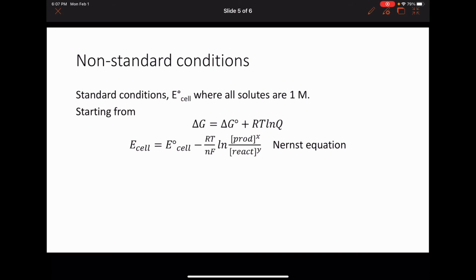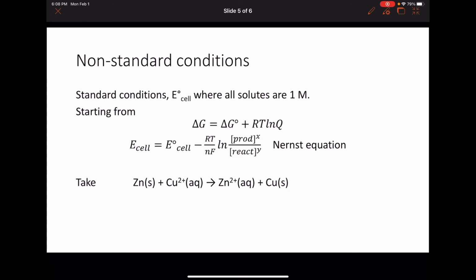So the cell potential E cell is the standard cell potential minus RT over NF, where N is the number of moles, F is the Faraday constant, R is our gas constant, T is our temperature, and then the natural log of the products raised to their stoichiometric coefficients over the reactants raised to their stoichiometric coefficients. That equation is called the Nernst equation.